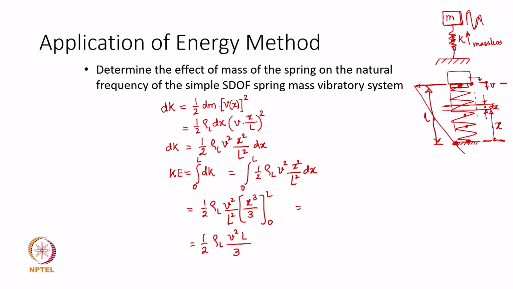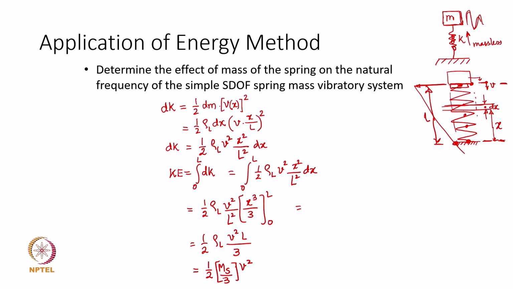Now, rho L into L itself is what? The mass of the spring. So, half of rho L times L, the mass of the spring, times V squared, divided by 3, right.